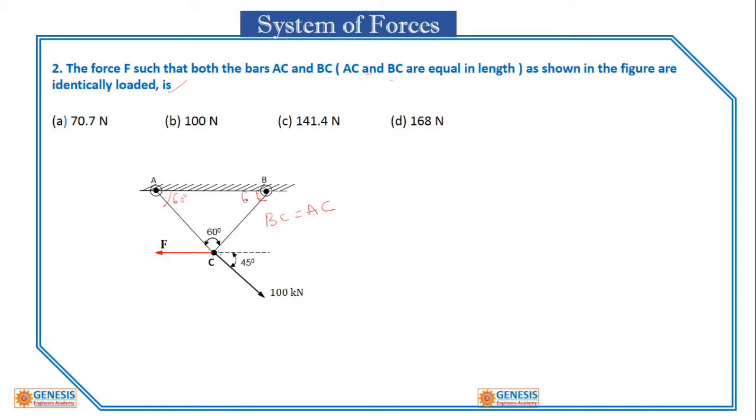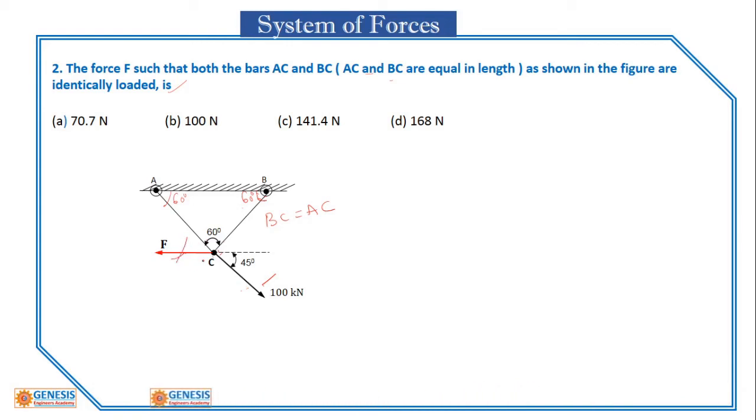Okay, so this is 60. So then it is ABC. So if I apply this force, due to this force, this angle may be changed. So to keep the angles constant, you have to apply a force like this one.